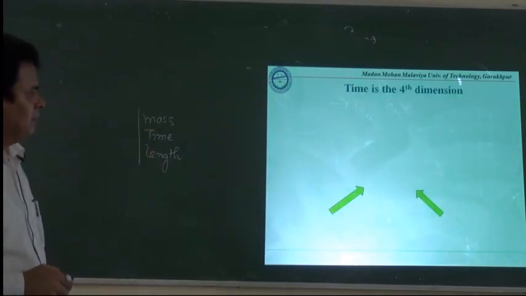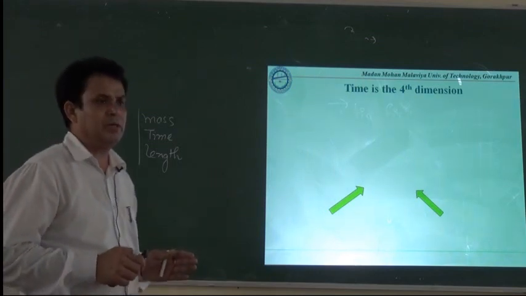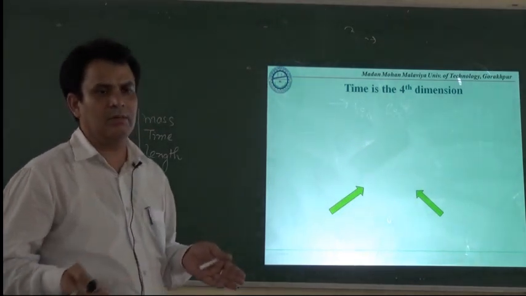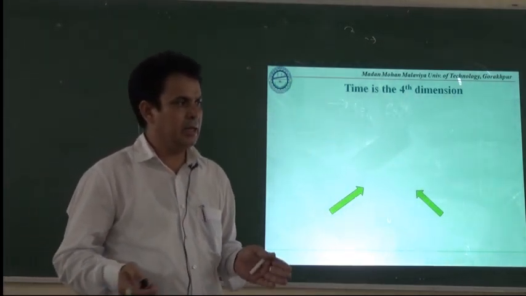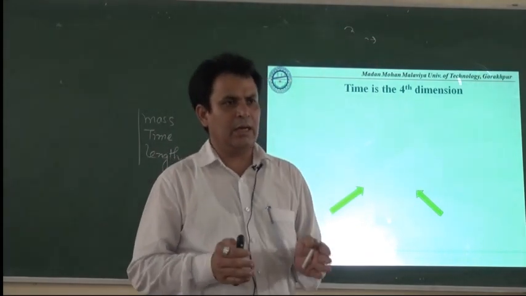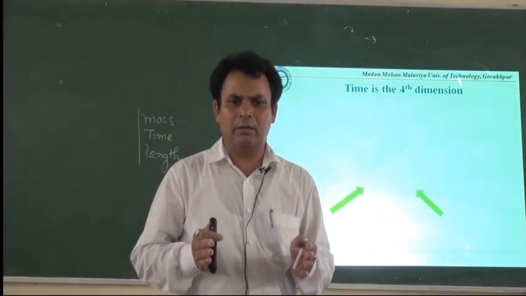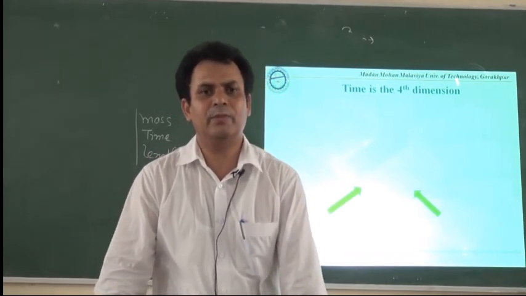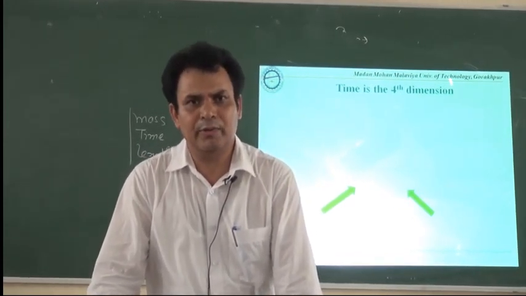Here we have the statements of two great scientists. One is Newton and the other is Einstein, and both are great scientists who discussed classical mechanics as well as the special theory of relativity.